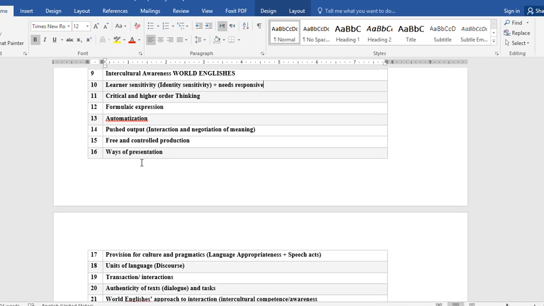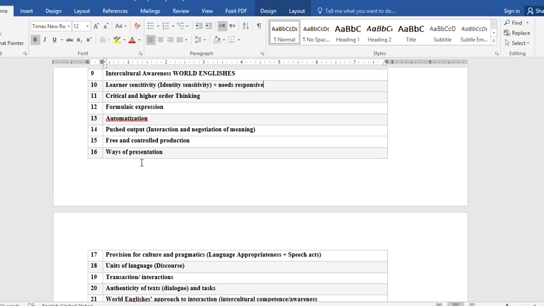The other one is pushed output and interaction and negotiation of meaning. Pushed output refers to comprehensible output. It means that in the Iranian L2 education context and textbooks, students are only asked to read something or listen to something, but we do not provide opportunities for students to produce language.